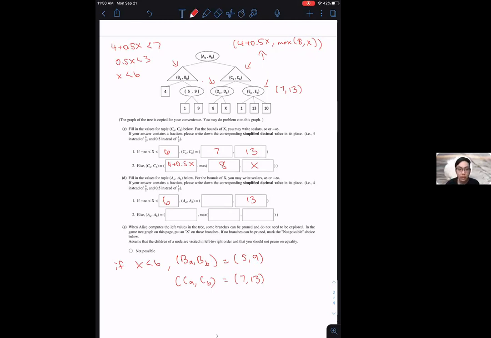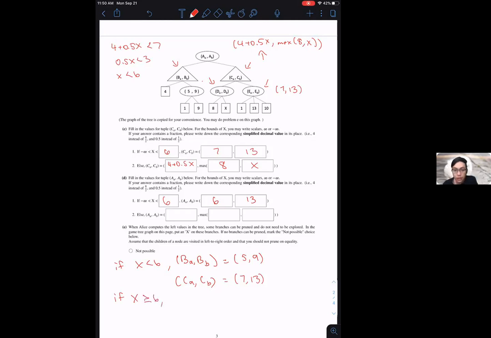And meanwhile, Alice is going to say, okay, we're going to take the expected value between 5 and 7, between what she believes are at those previous nodes. So the expected value of 5 and 7 is just 6. So in this case, if x is less than 6, we get these as our values. And in the other case, if x is not less than 6, then we know that the value is greater than or equal to 6.